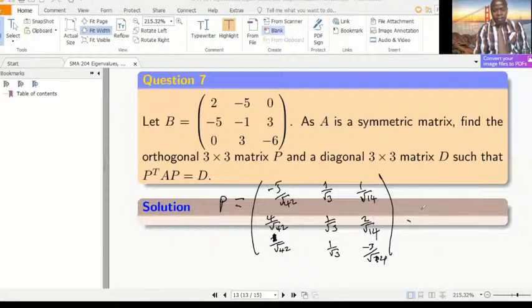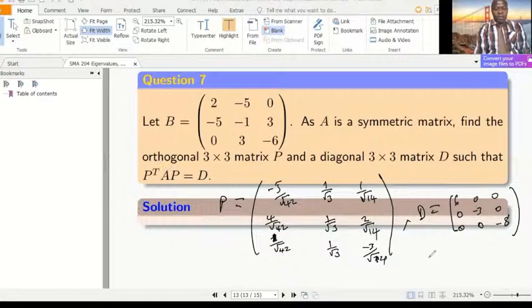Now, what about D? Its eigenvalue was 6, then 0, 0, 0. The eigenvalue for this eigenvector was -3, and then the last eigenvalue was -8. So this is the P. The question does not want us to find P transpose, but it's easy.